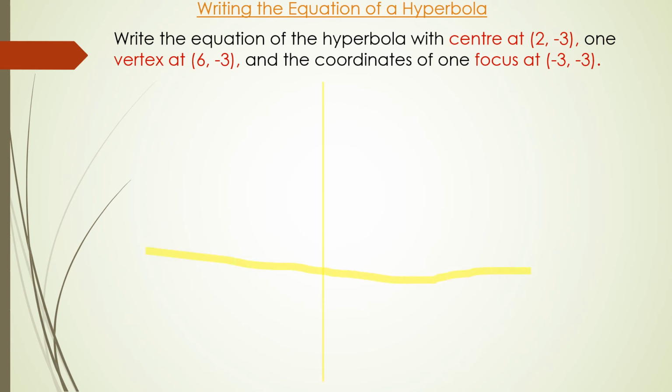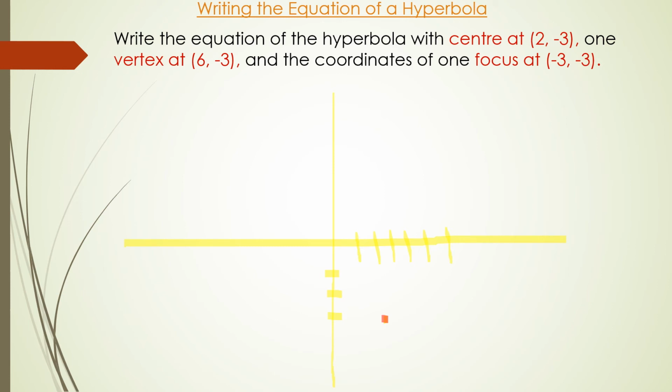Oops, sorry. Let's do it again. Okay, much better. So the center is at (2, negative 3): 1, 2, 3. It's just another color. The vertex is at (6, negative 3): 3, 4, 5, 6.